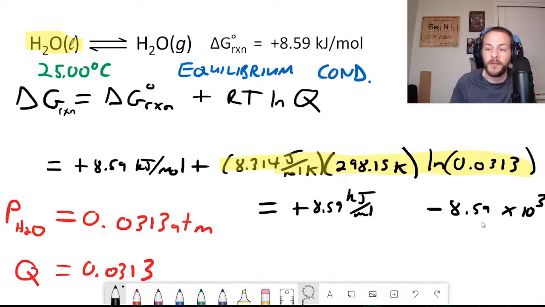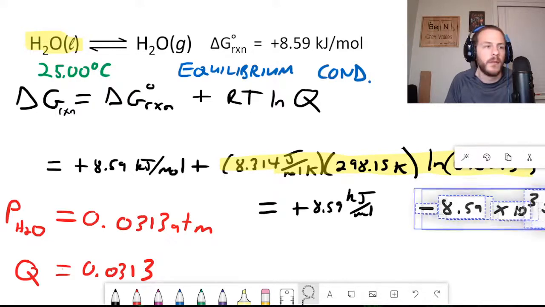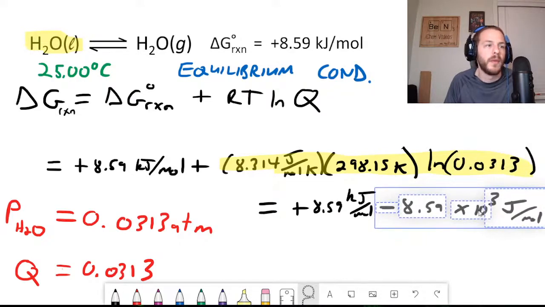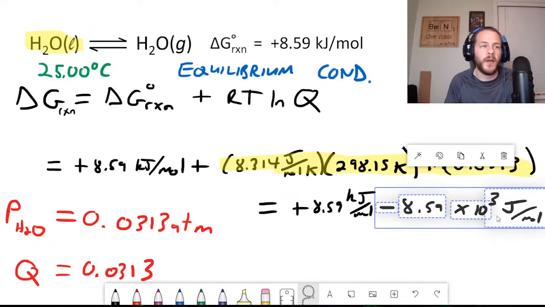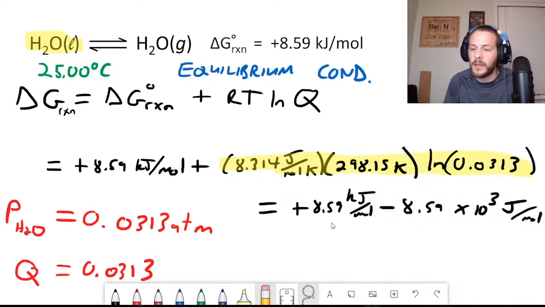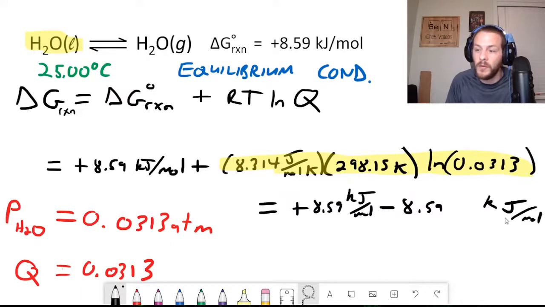Now, if we convert this value of joules per mole into kilojoules per mole, it looks like I ran off the screen here, so let me fix that. There we go. So if we convert it to kilojoules, which is the unit that our standard delta G is reported in, that's going to be plus 8.59 kilojoules per mole minus 8.59 kilojoules per mole.